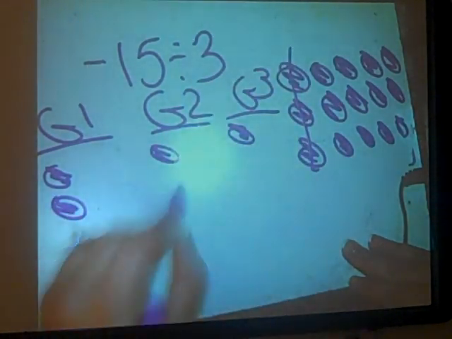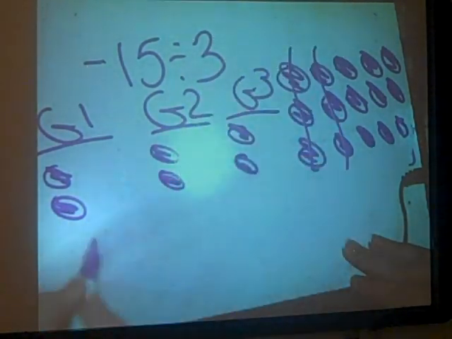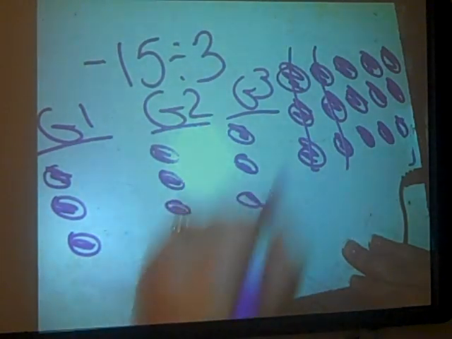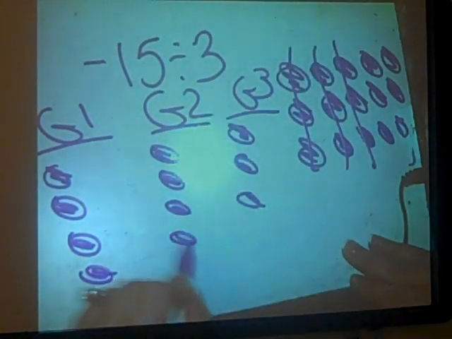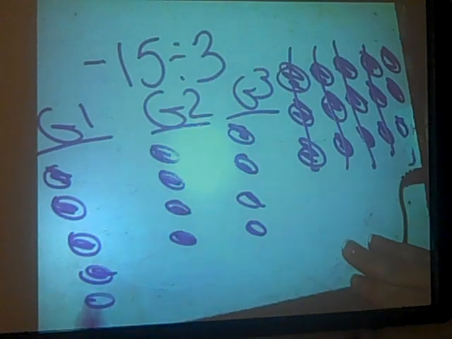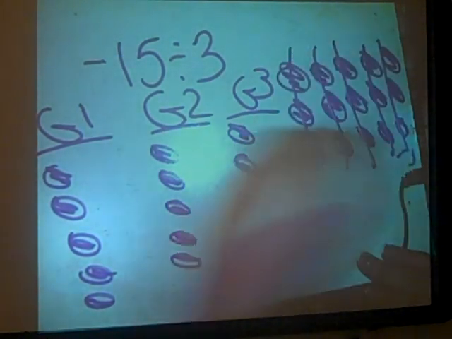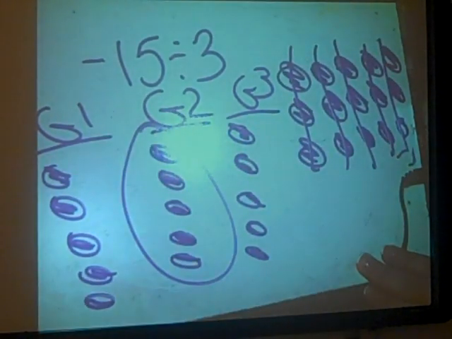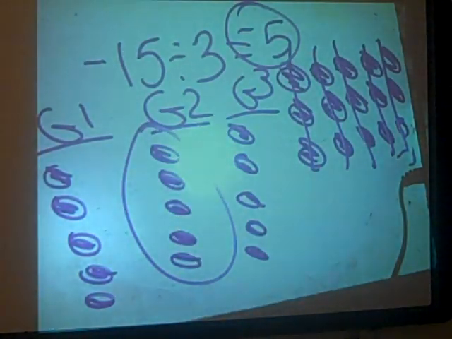So there's using 3. Here's another 3. Notice we take off as we use it. Go to any group you want. It doesn't matter which one. I see 5 and they're shaded in. So your solution should have been negative 5.